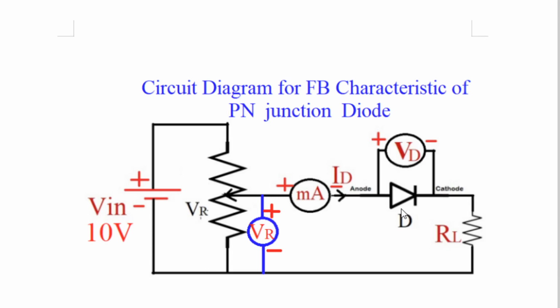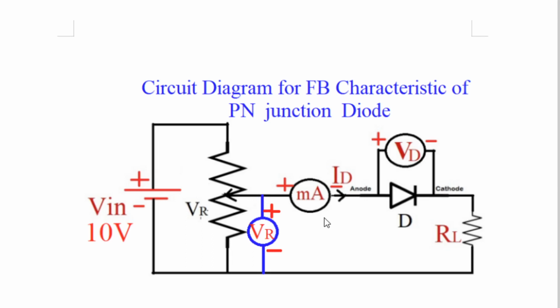And this is the entire understanding of this particular diagram, and whatever I have explained here, I am going to read in the next slides, and again we will try to understand each and every block in this diagram. So the diagram is very simple. There are two voltages measured: one is the voltage across the diode, and second is the voltage applied to the diode, that is the variable resistor's voltage.